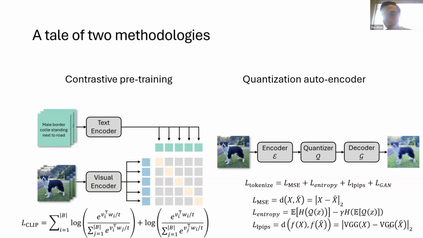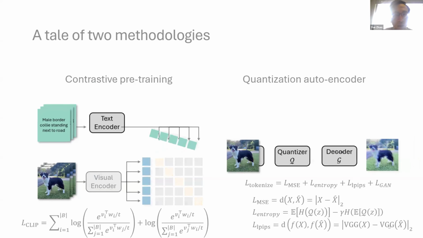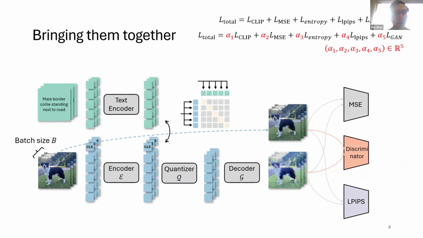This is very popular in the domain of generation, where we want a very faithful image with photometric fidelity that reconstructs the image. To train these two different models, we have designed different losses for the different architectures. The idea in each is very simple, so is there a way that we can bring them together?